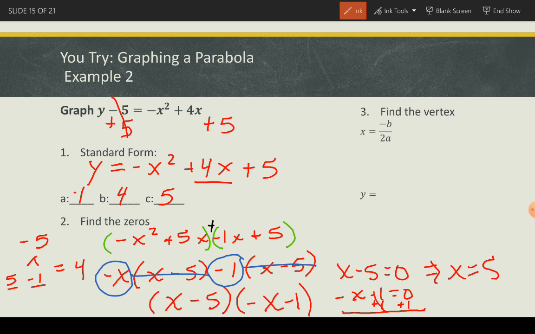We'll get that negative x equals 1. Then we have to divide by negative 1. So our other 0 is going to be x equals negative 1. So here are our 2 zeros. Okay. Remember, if we want to write these as points, we'll have negative 1 comma 0, and then we'll have 5 comma 0.